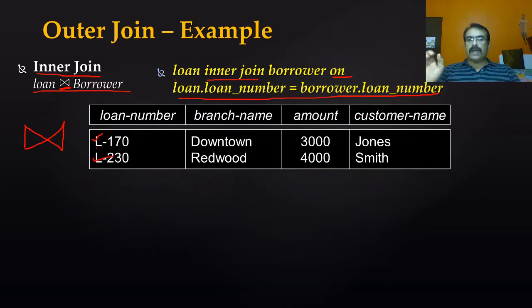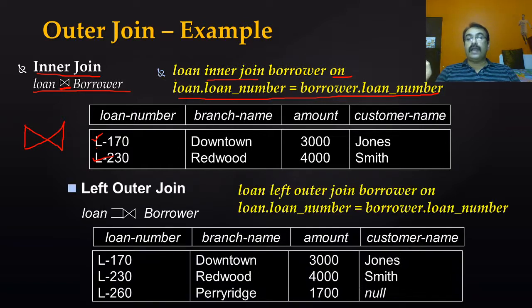Now I want the common elements and all the leftover tuples from the left argument. What is the left argument in this case? Loan. I want all the leftover tuples from loan. Then I am going to write a left outer join. See the symbol?